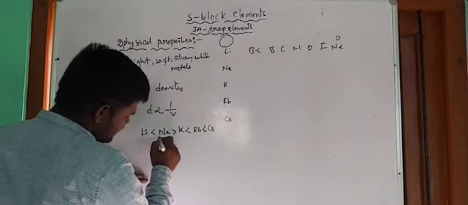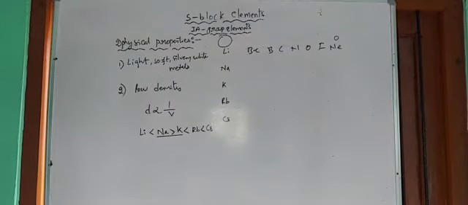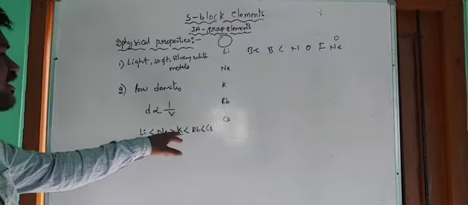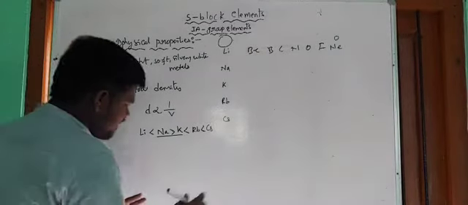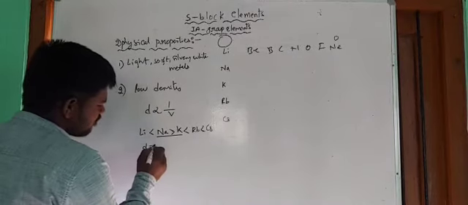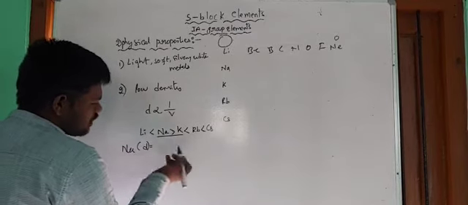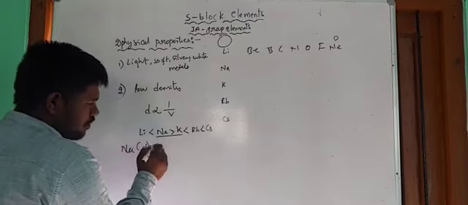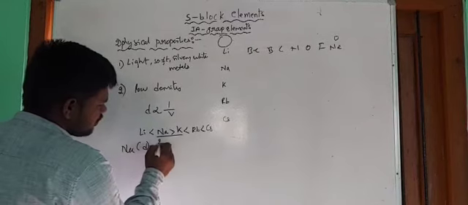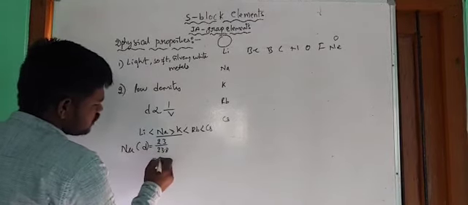So now you see, guys, there is some abnormality here. Sodium has more density than potassium because potassium has more volume. Now I will calculate the density for sodium and potassium. The density formula is mass by volume. For sodium, mass is 23 and volume is 23.8, so this equals 0.97.